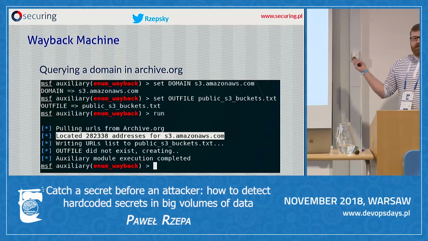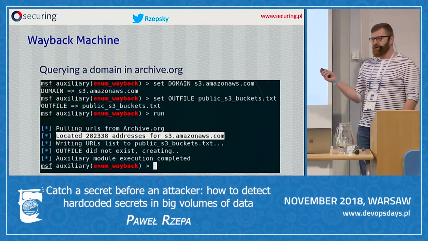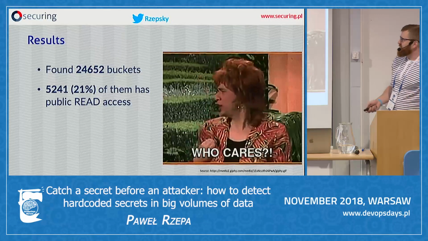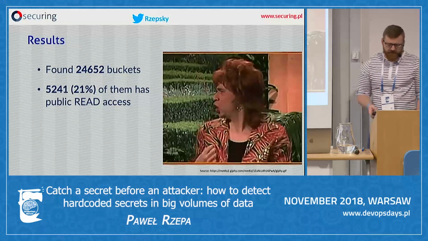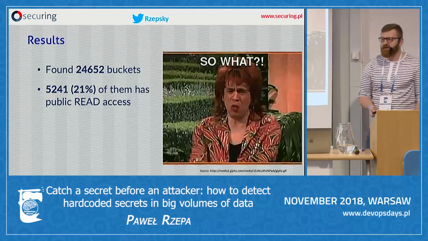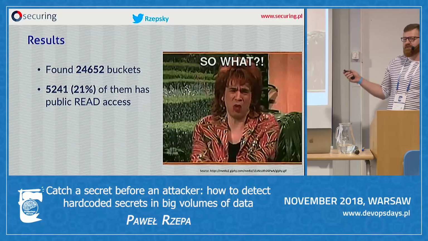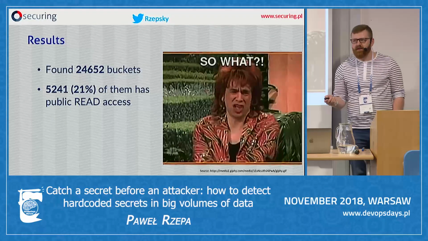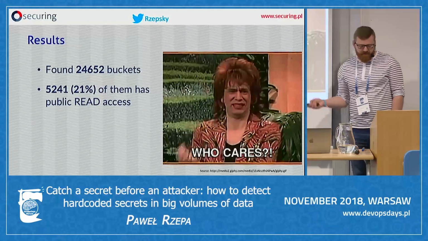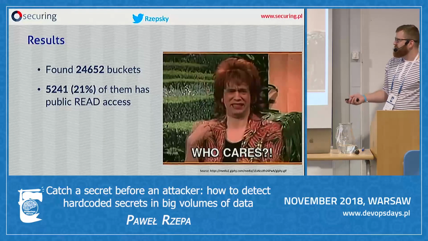For me, that was the best method for finding bucket names. So the results were that I found almost 25,000 buckets, and more than 5,000 of them gave public access.